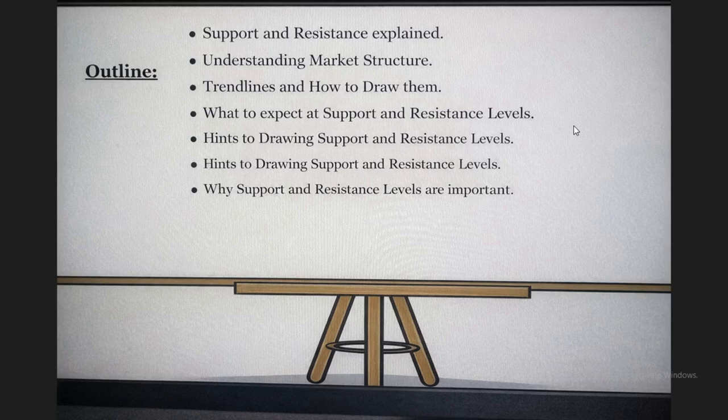So support, in a layman's explanation, is an area where something bounces back to the upside, while resistance is an area where something bounces back to the downside. Let's say something is going up, it bounces on a particular surface or area and then goes back to the downside. That is resistance. And support is where something bounces from the downside to the upside. That is support. So let's move further.